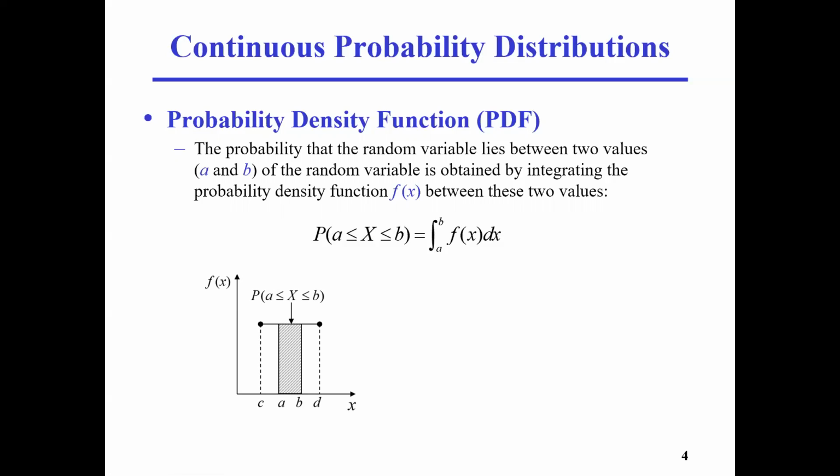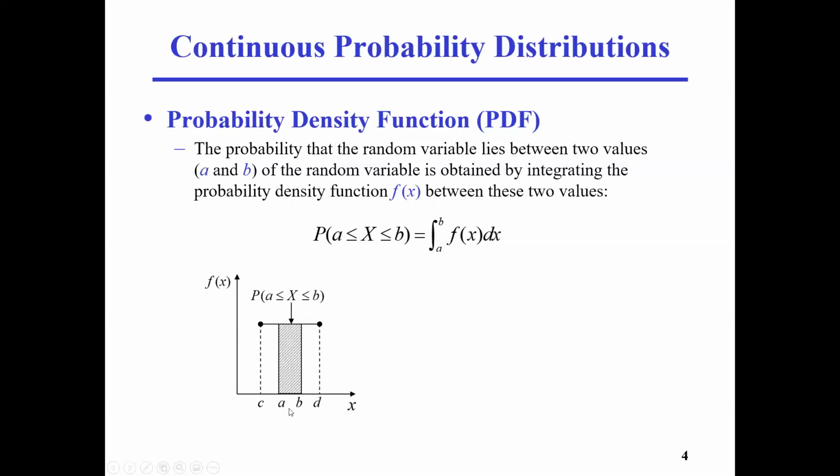For example, here we have f(x) as the vertical axis, and the horizontal axis is the variable. This solid black line is the curve for the PDF. C and D are the boundaries for this PDF. They are not that important here.